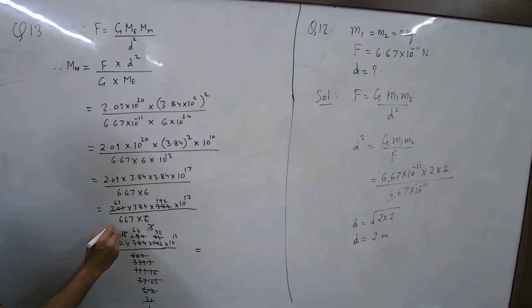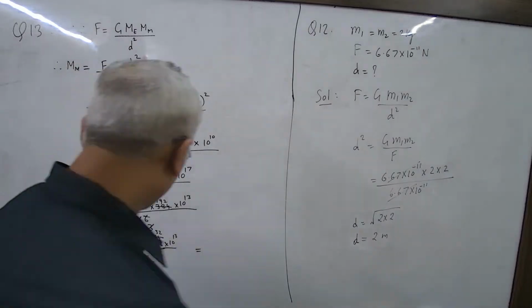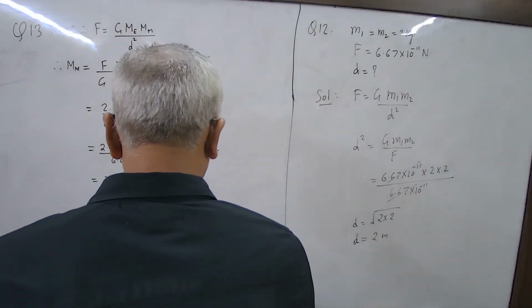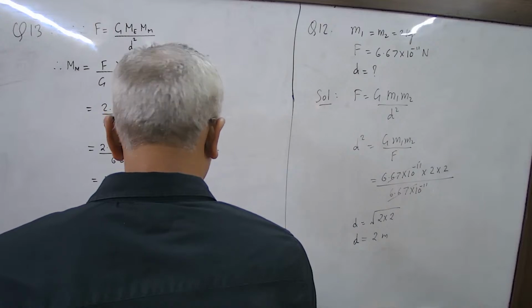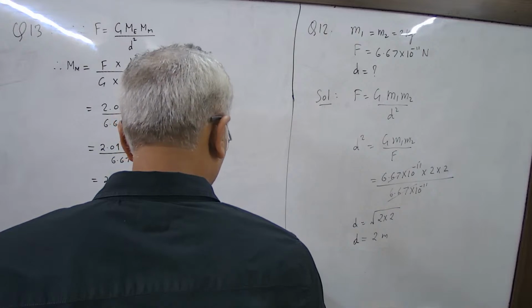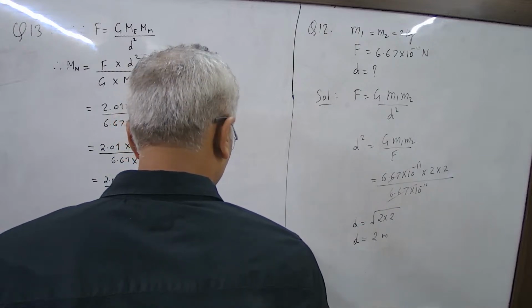Three 9, 2 21, 3 7 21, and 3 2 6. So just calculate how much we are getting. So we are now left with 3.72 into 64 into 32 into 10 raised to 13.